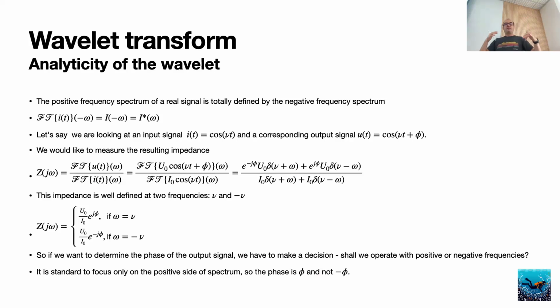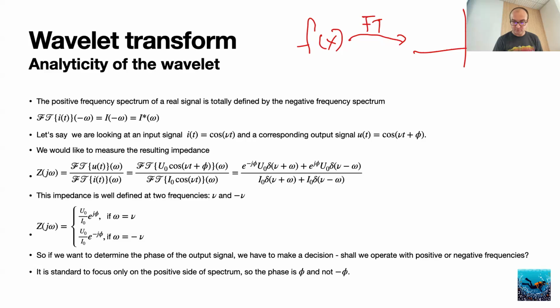So there is one more thing that is really, really important. It's called analyticity of the wavelet. In complex analysis, an analytic function is a function that has only positive frequencies in the frequency domain, which means that if I have a function f of x, and I do a Fourier transform, the Fourier transform will have positive frequencies and negative frequencies.